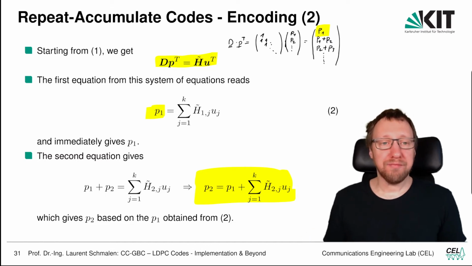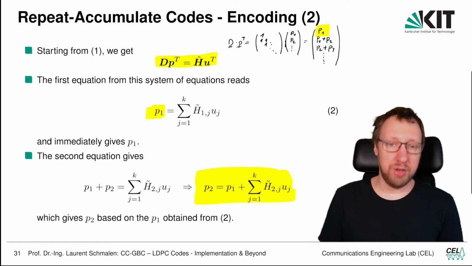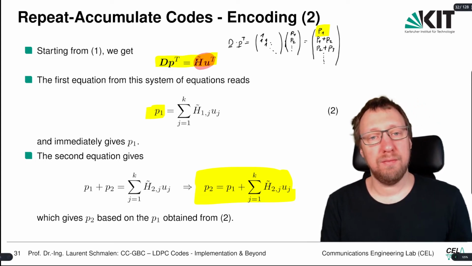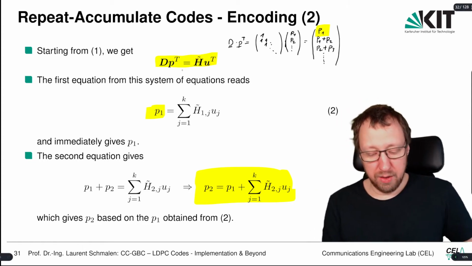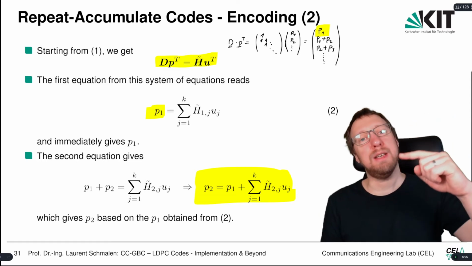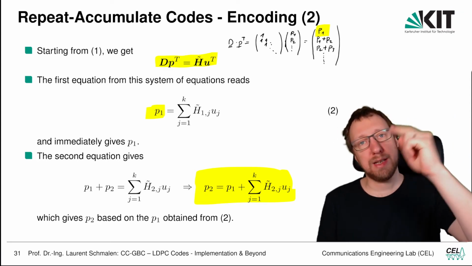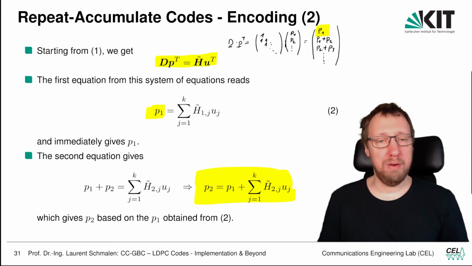That's the way to get all the coordinates. We just calculate this vector, which is simple because H tilde is sparse. Then you get P1, then you insert this to get P2, then you take P2 and insert it in the next coordinate to get P3, and you ripple through, and then you have the parity bits.